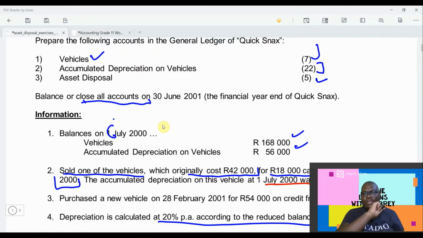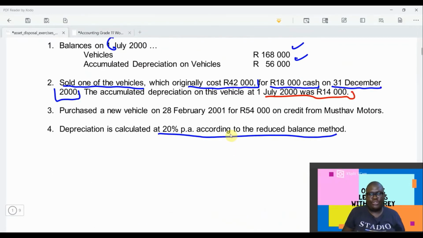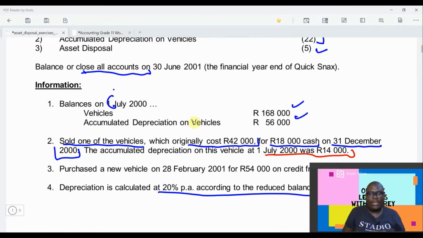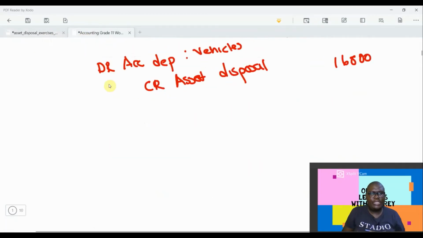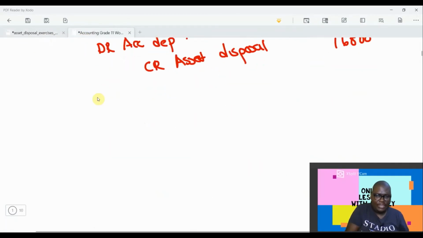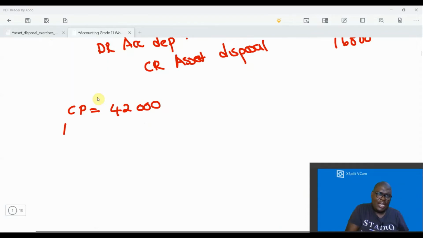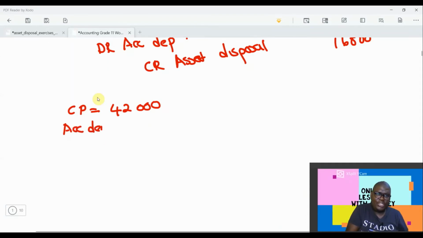Now we want to be able to determine whether this was sold on cash or on credit, on profit or on a loss. So what we're going to do is compare the carrying value and the selling price. Now we know that cost price is equal to 42,000. Accumulated depreciation, we know it's supposed to be 16,800.